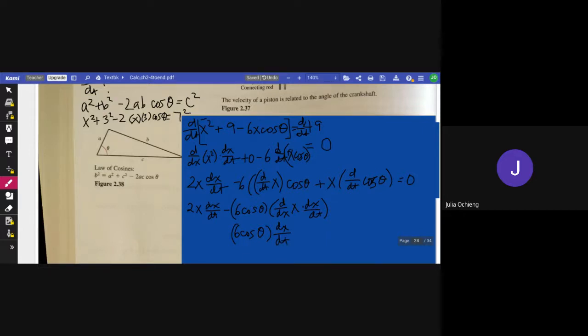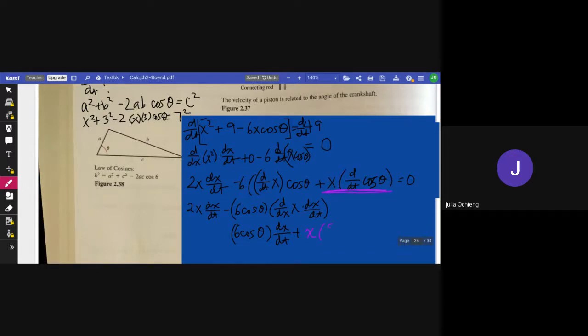And then let's do this. Plus, make use of those colors. We'll do this right here. Plus x. And then we're going to have to use a chain rule for that.